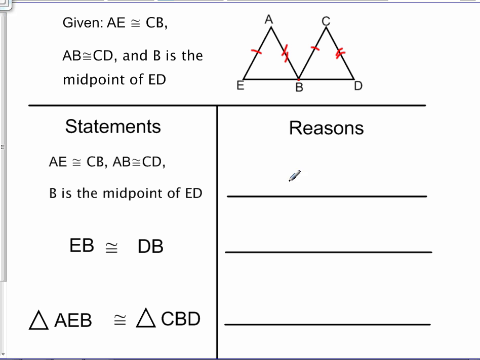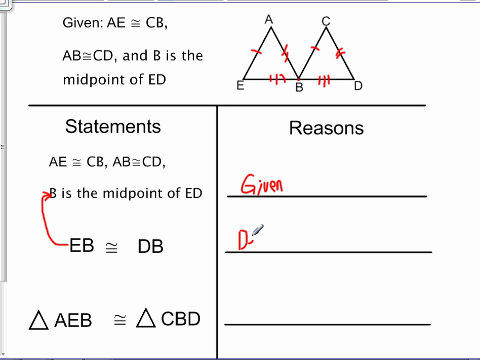So the first set, I'm sure you've already figured out, are my givens. All right, now it states that EB is congruent to DB. All right, and the reason for that, if you haven't figured it out, is because we can get this from this step right here.